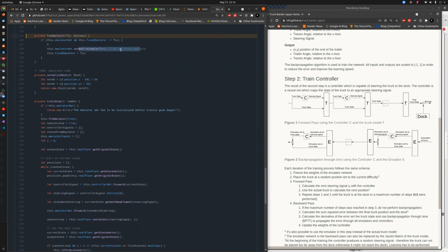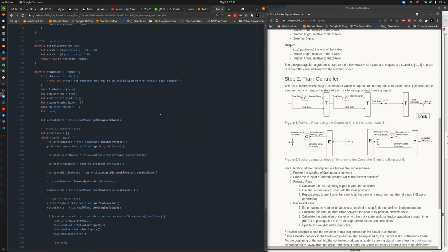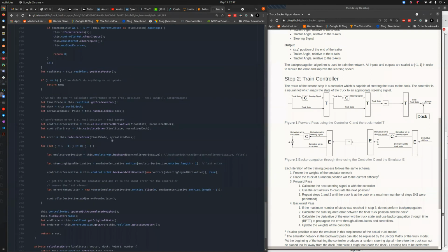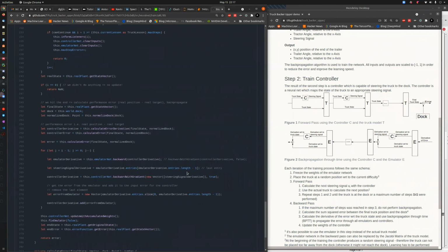Yeah, do not train the emulator. So the backward gradients are not pushed back here, and we only do it to the controller. So yep, you guys were correct on that. This is it. I will share this file in the chat too.